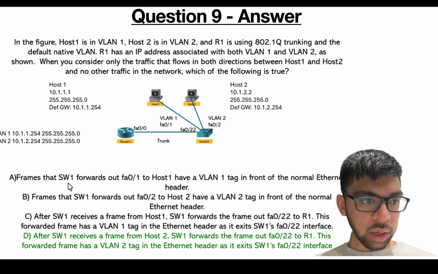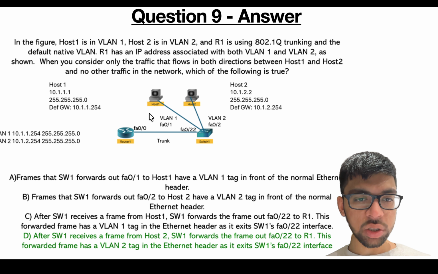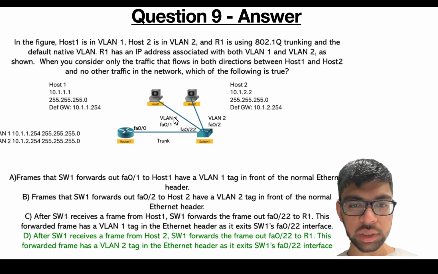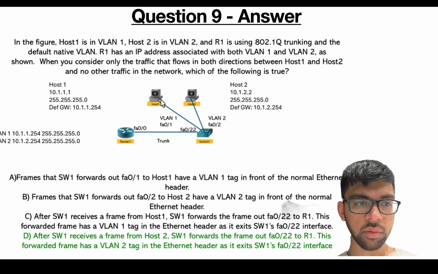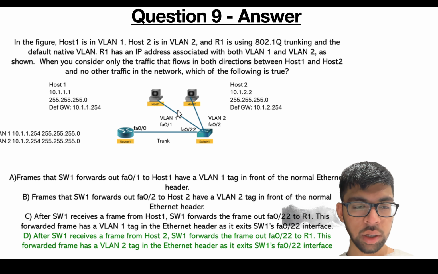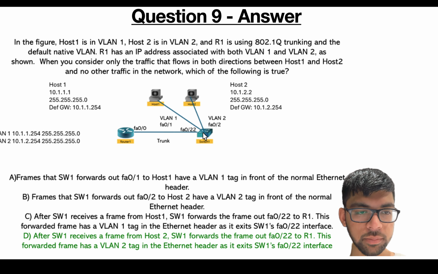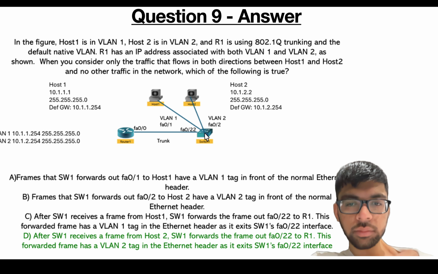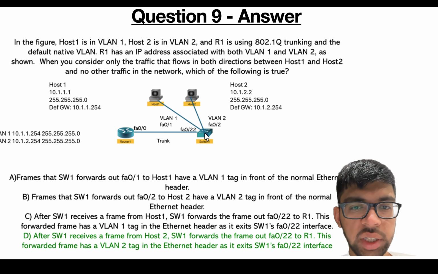A, frames that switch 1 forwards out of fast Ethernet 0/1 to host 1. So that's fast Ethernet 0/1. Frames that switch 1 forwards out of fast Ethernet 0/1, this port here, to host 1, have a VLAN 1 tag in front of the normal Ethernet header.